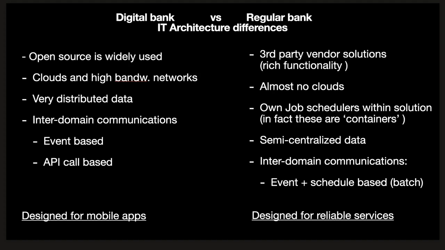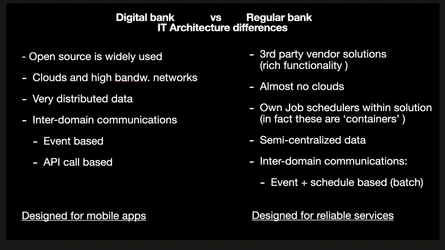The difference in the IT landscape is quite significant. Digital banks tend to use open source and cloud very intensively. They have a distributed data model, and inter-domain communications are made via API calls, like request-response.